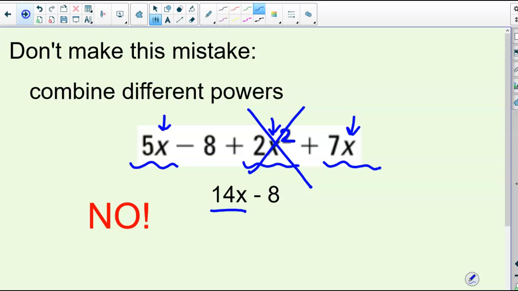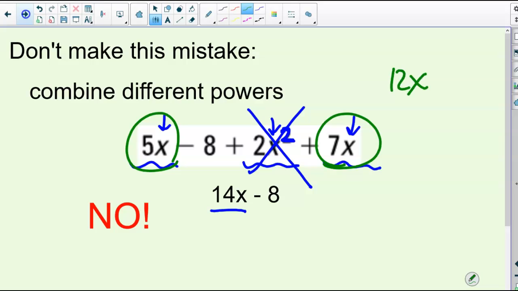When you have a squared or an exponent, those have to match, otherwise they're not actual like terms. Okay, so here I would really only be able to combine the 5x and the 7x. That would make 12x. The 2x squared is going to stay by itself. It doesn't combine with anything. And then I also have negative 8. So I should get that.